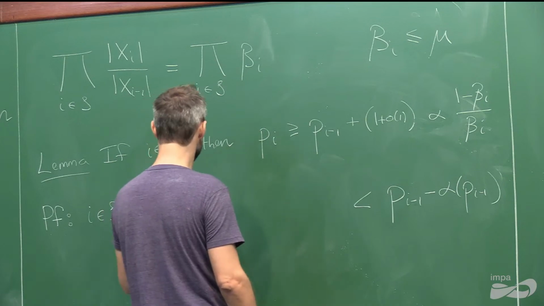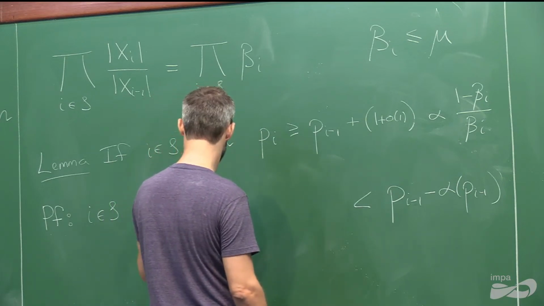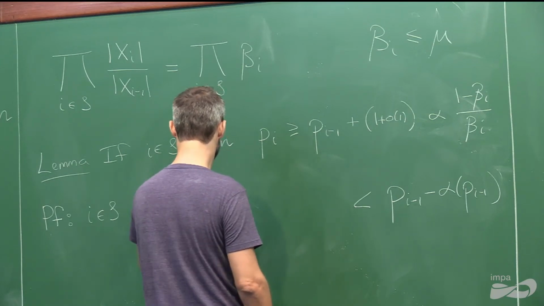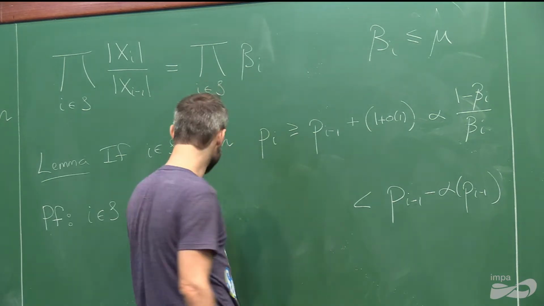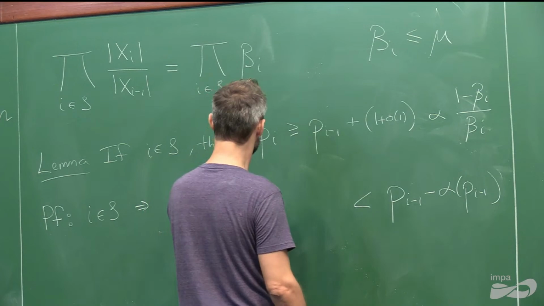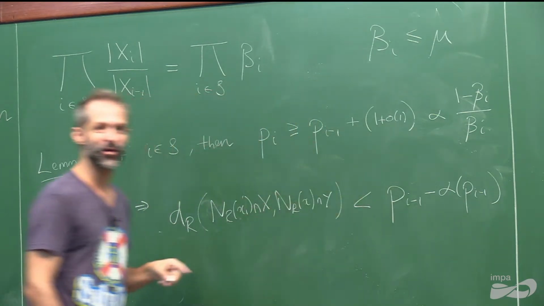The red density between the red neighborhood of x_i in X and the red neighborhood of x_i in Y is small.